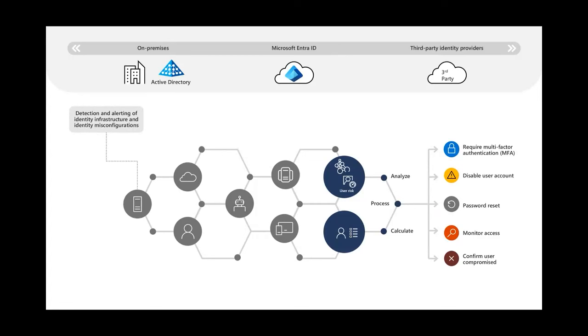The first one is quite broadly posture. How can identity threat detection tools identify misconfigurations and issues within your environment across both your identity infrastructure and the identities themselves? To give an example of surfacing misconfigurations on the infrastructure, it might be something like LDAP signing not being turned on your domain controllers or within your domain.